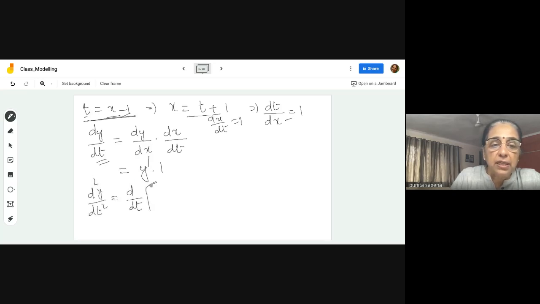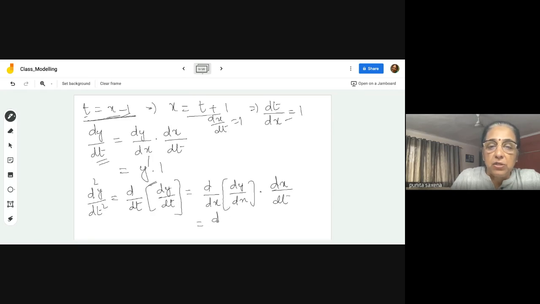This will be d by dt of dy by dt, which is d by dx of dy by dt into dx by dt. That means d by dx of y dash into 1, which is nothing but y double dash. So in this case they're not changing. Your d2y by dt square is still y double dash.